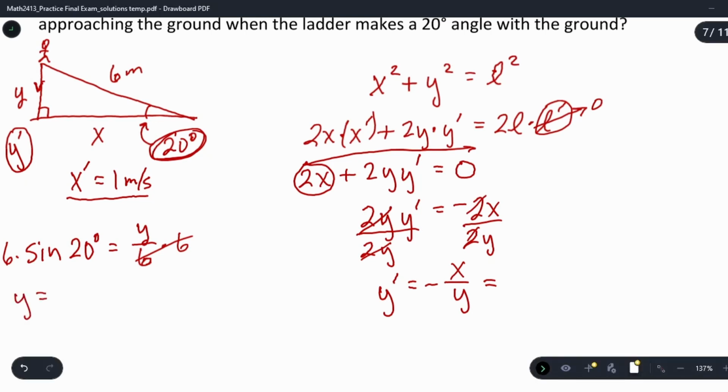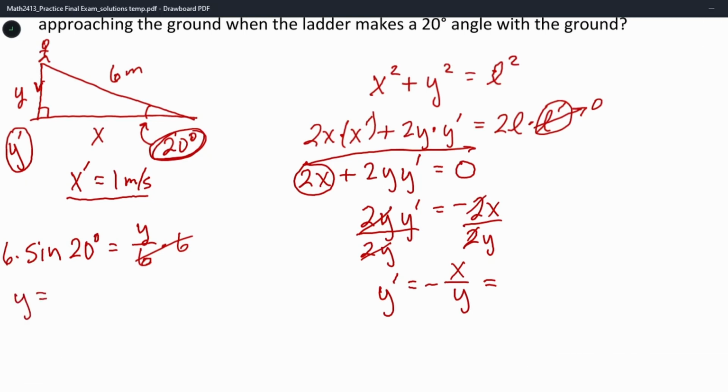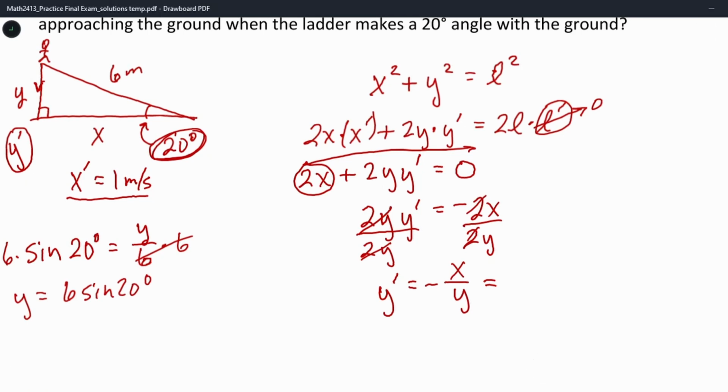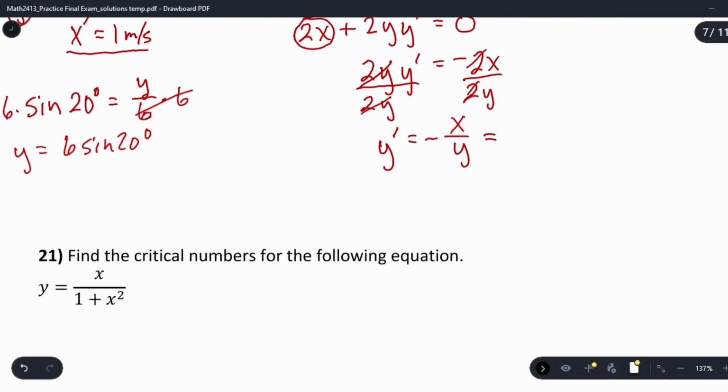Y is 6 sine 20. I'm going to leave that as 6 sine 20 to keep it exact. We also know that cosine of our angle is x over r. Again, if I multiply both sides by 6, then I'll know what x is. Here x is 6 cosine of 20.